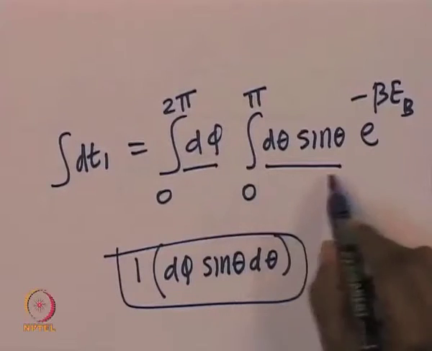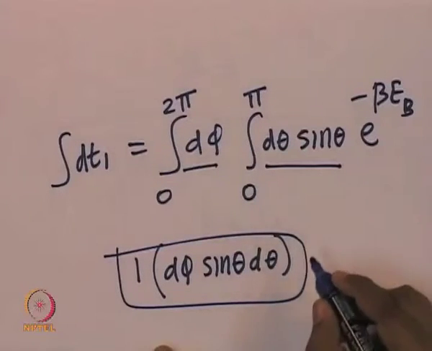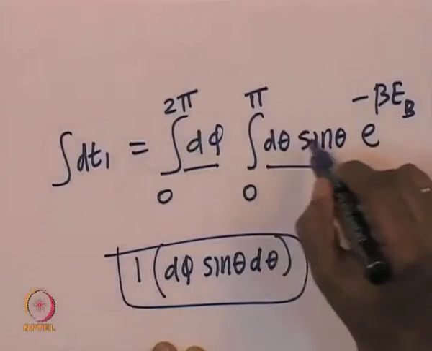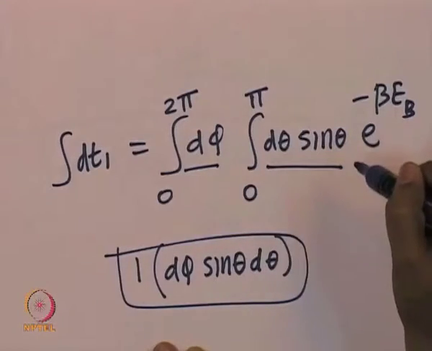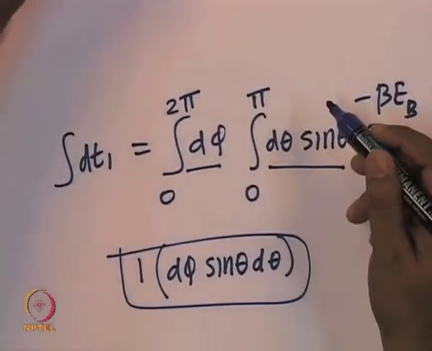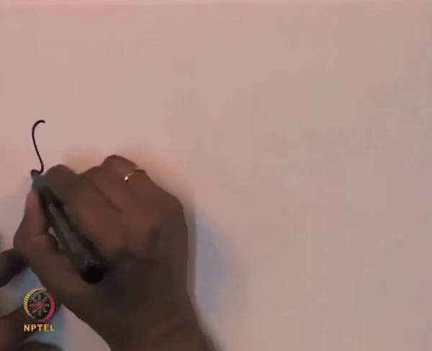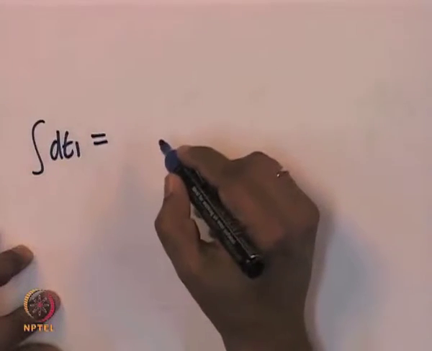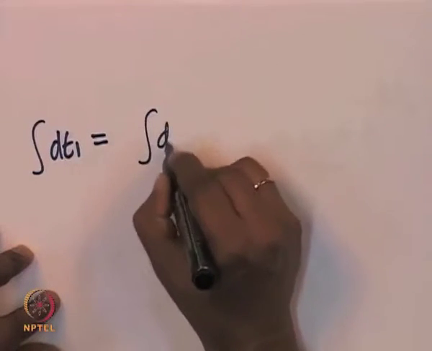Now, sin theta d theta can be written as d of cos theta. So, you can write this as d of cos theta and then accordingly change the limits, and if you do that, you will get that integral dt1 can be written as integral d phi.